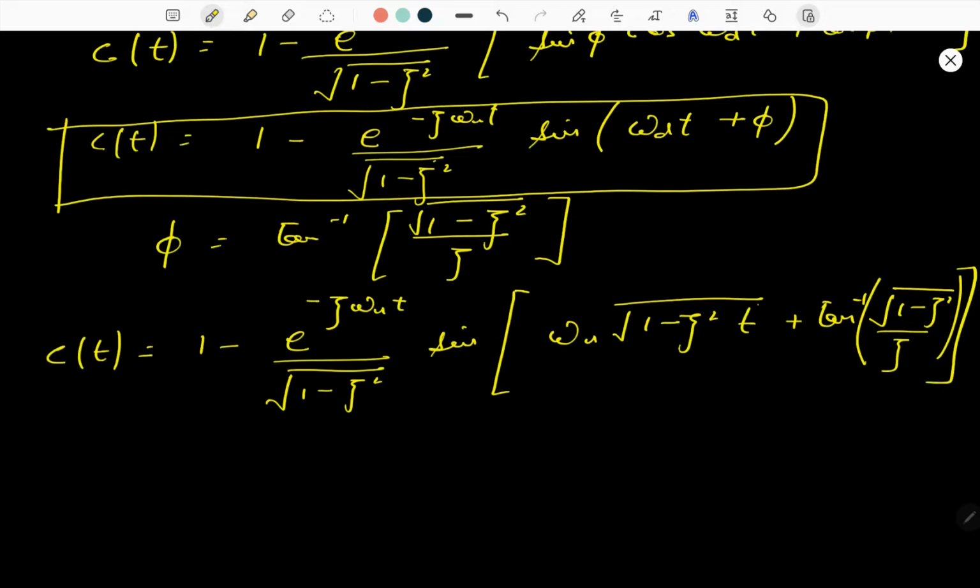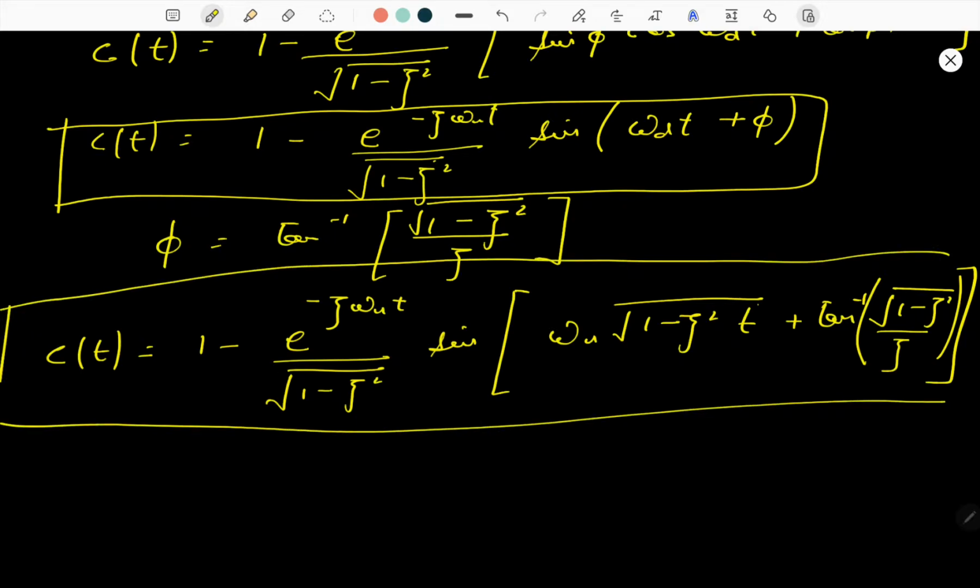This is the value of c(t). So this is simply a mathematical elaboration. You can very easily solve it mathematically and you will get the output as this one. Okay, so this is what c(t) we are getting.